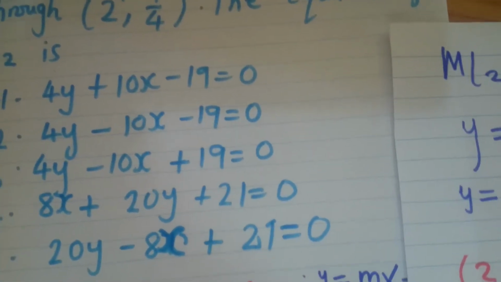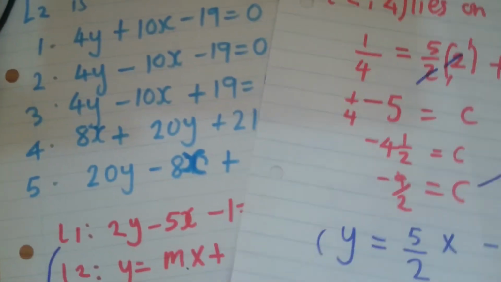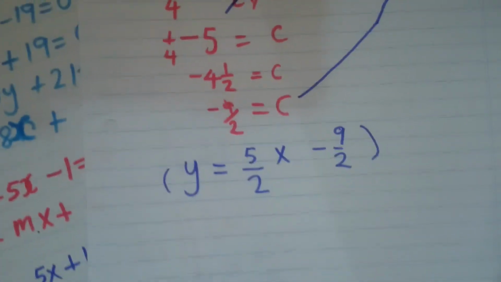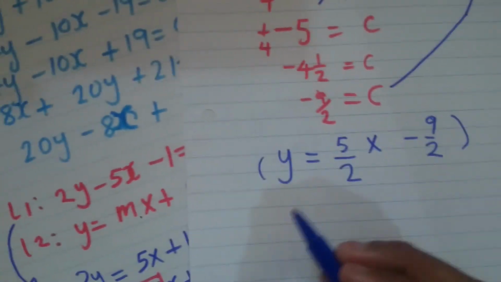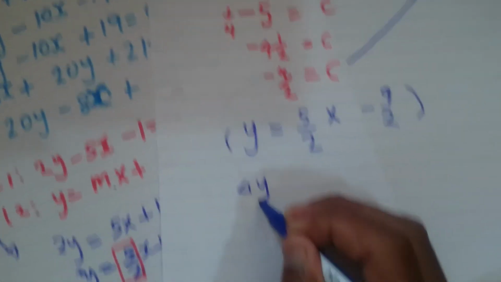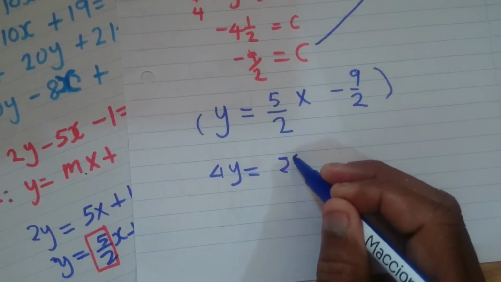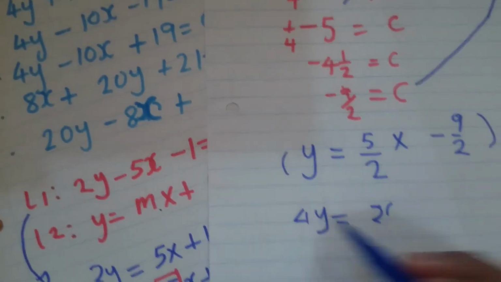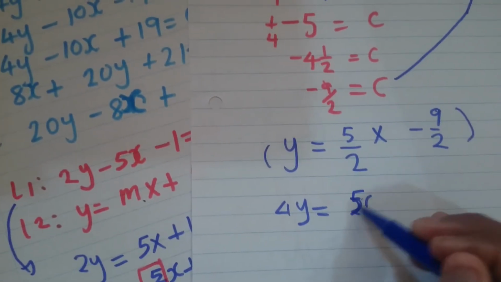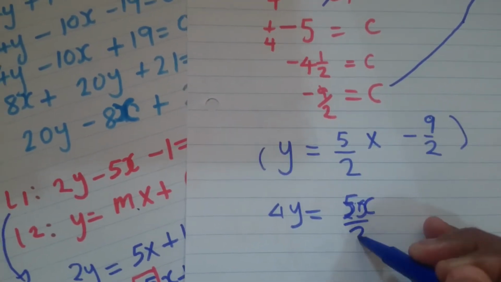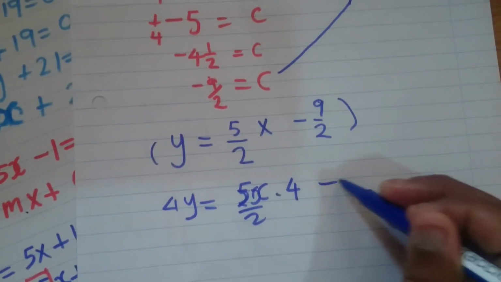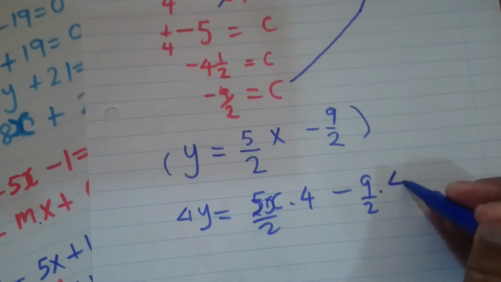So I have to use common sense, right? This is my answer here, so I'm going to multiply by 4 throughout. This is going to be 4y equal to 20, multiplied by 4. And this is going to be 5x over 2 multiplied by 4 minus 9/2 multiplied by 4.